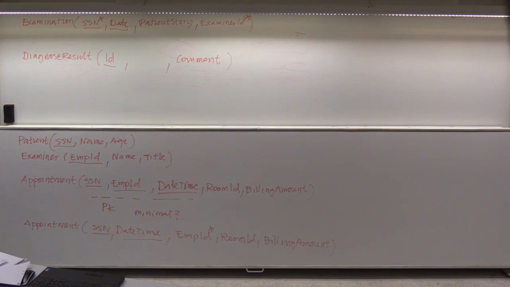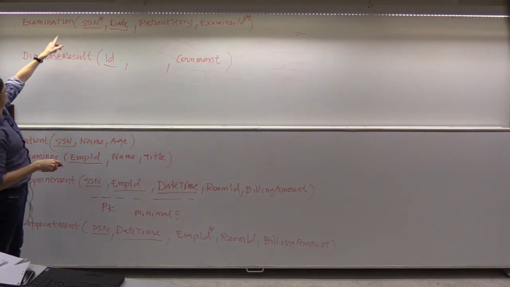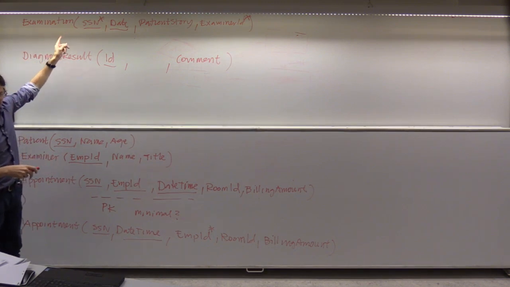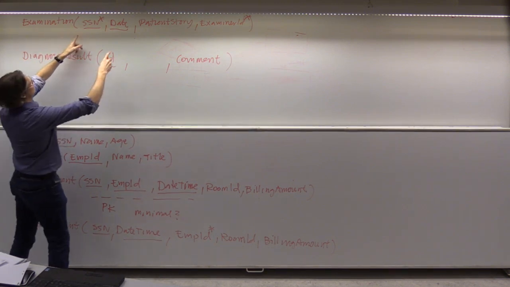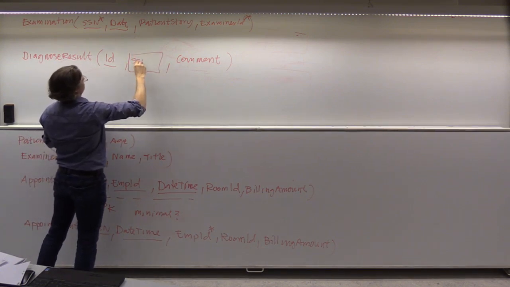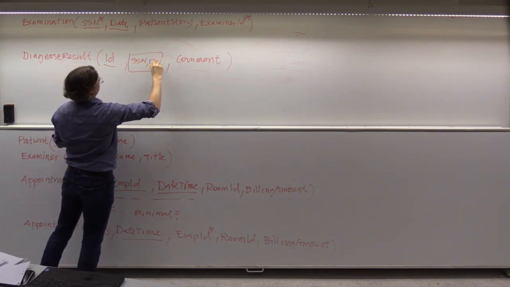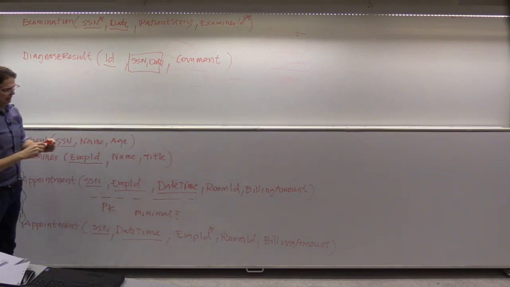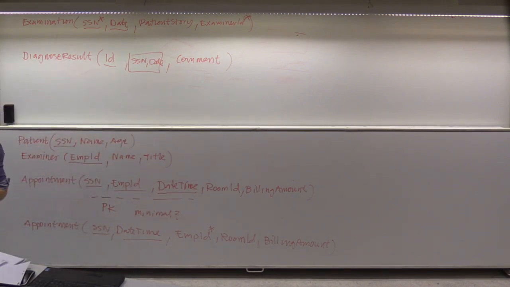Sometimes when you want to refer from the diagnosed result to the examination, I have to set both the SSN and the date here. But I don't think that many would do that, because I think we have a bit of a problem here, so let's change that examination.